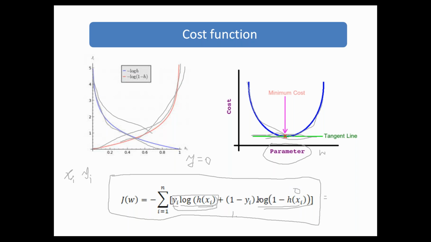It will be log of 1 minus h, which is log 1 minus 0, and log 1 will be 0. Like this, for y equal to 0 and y equal to 1, this cost function is going to be 0. When y is equal to 0, it will be 0. For y equal to 1 also, the cost function is going to be 0.